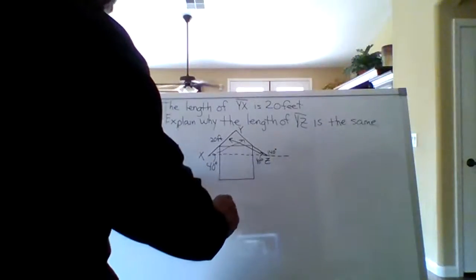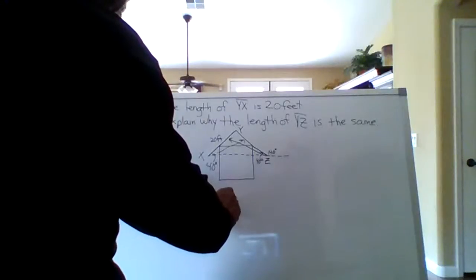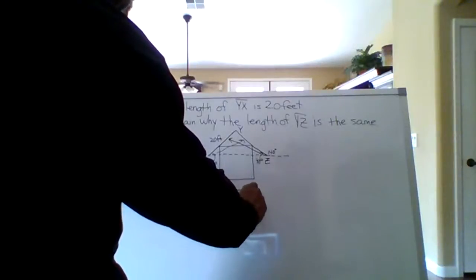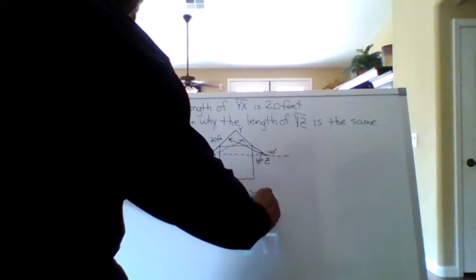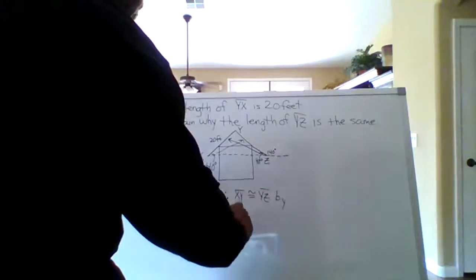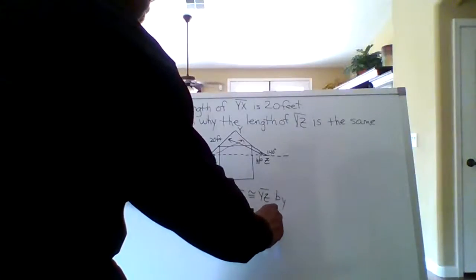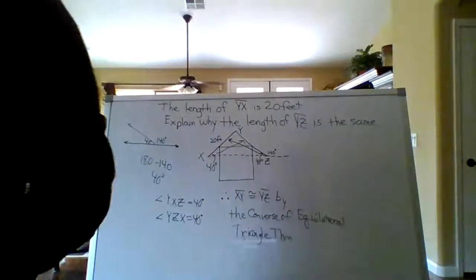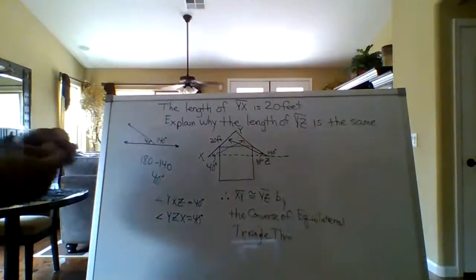So since these two are the same, therefore, XY will be congruent to YZ by the converse of the theorem.